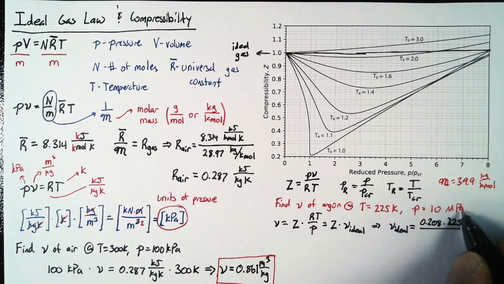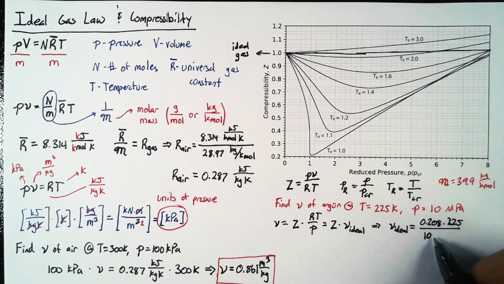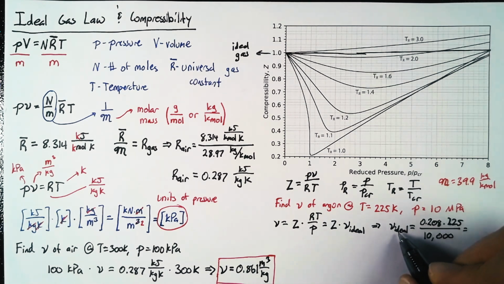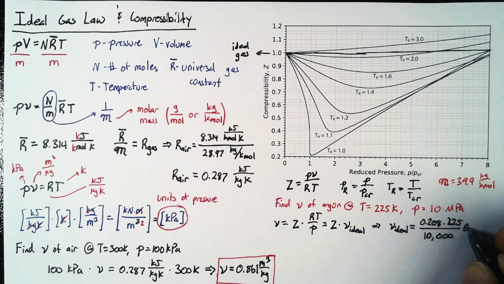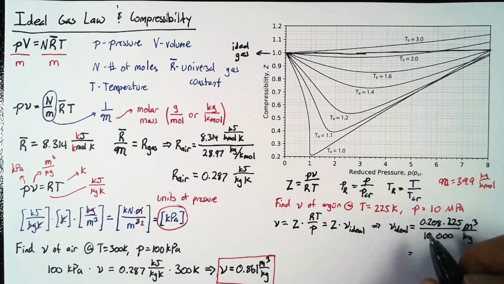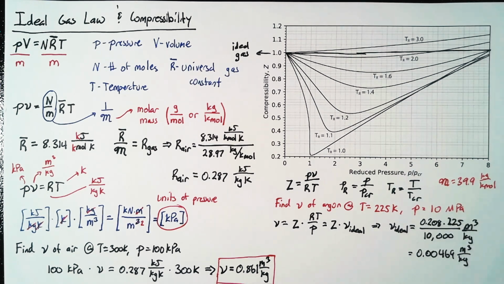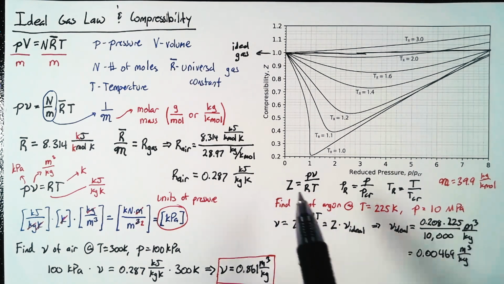This is in megapascals, so in order to get to kilo, we need to multiply by 1,000. The ideal gas law specific volume is going to be 0.00469 meters cubed per kilogram.